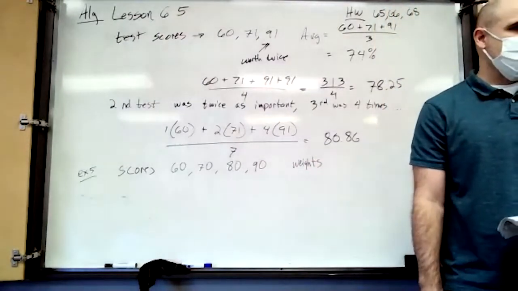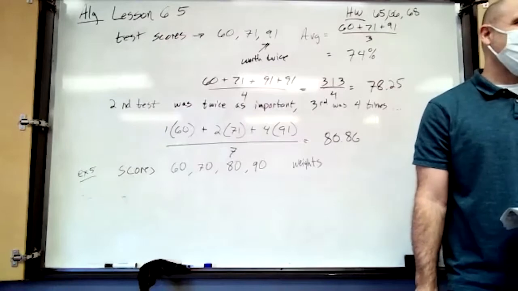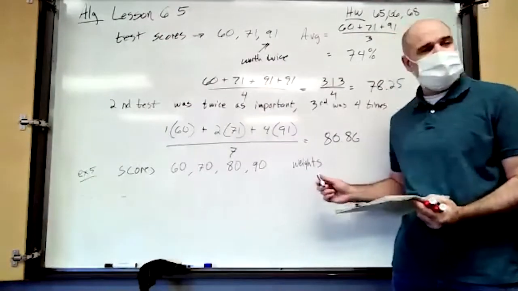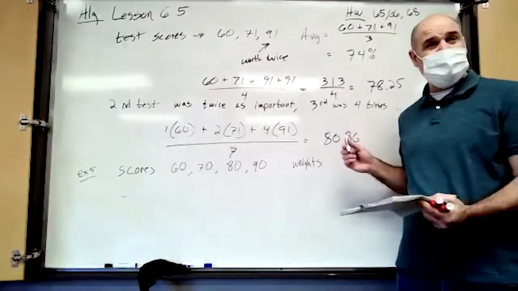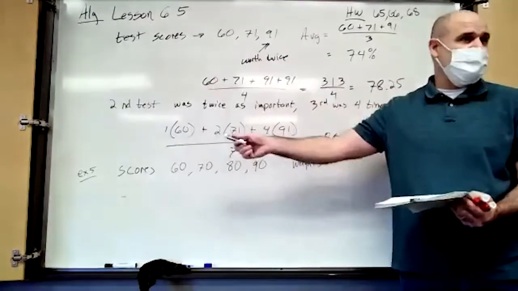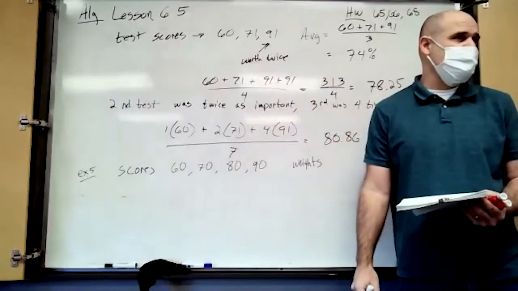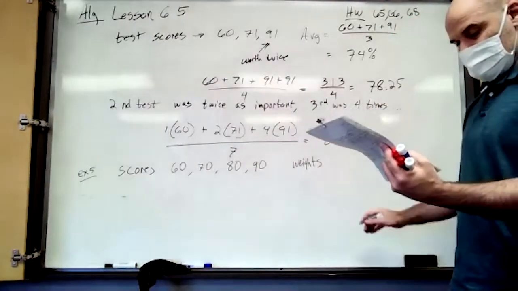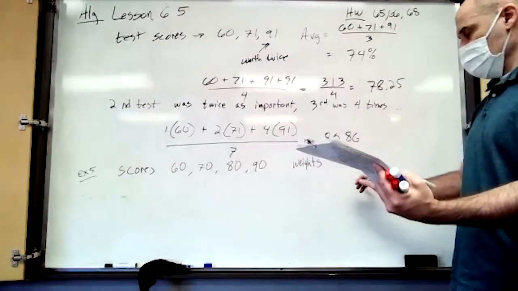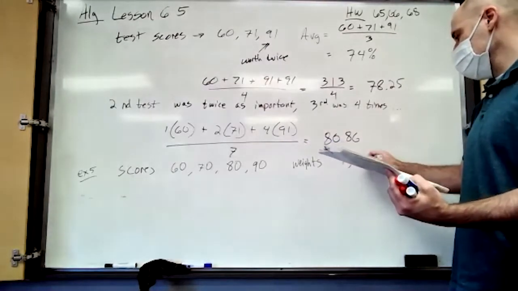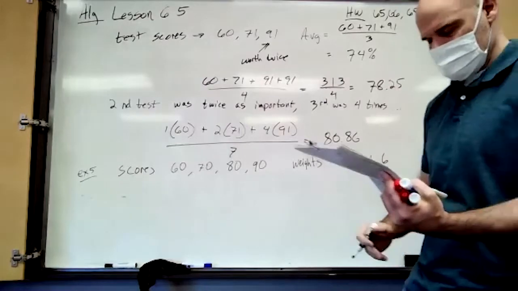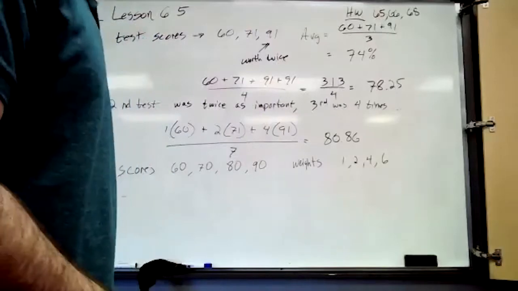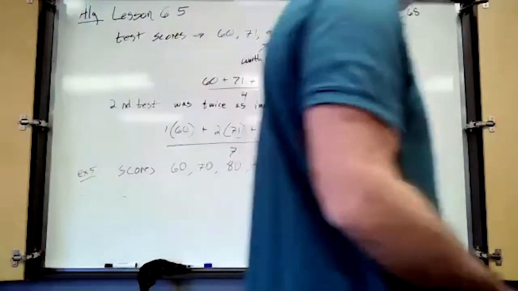No, when I say the weights respectively, I mean I'm going to list them in the same order I listed the scores. So the weights respectively are 1, 2, 4, and 6. Okay, so I want you to find the weighted average of these test scores.